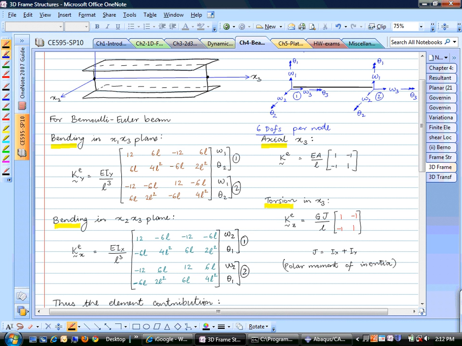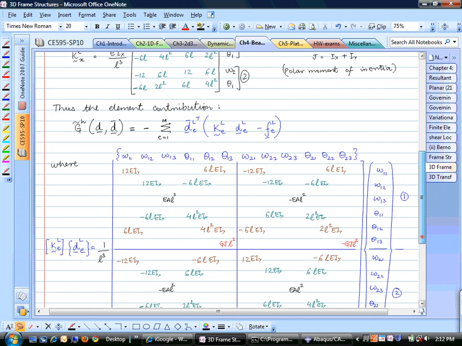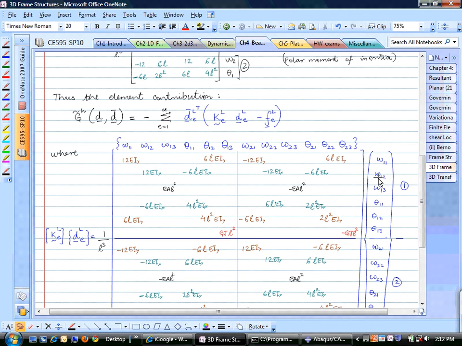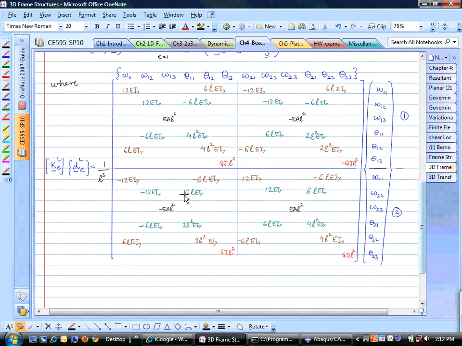And once again, if you take a look at the 12 cross 12, this green row went to W2. That's right here. W2 at node 1, theta 1 at node 1, W2 at node 2, theta 1 at node 2.